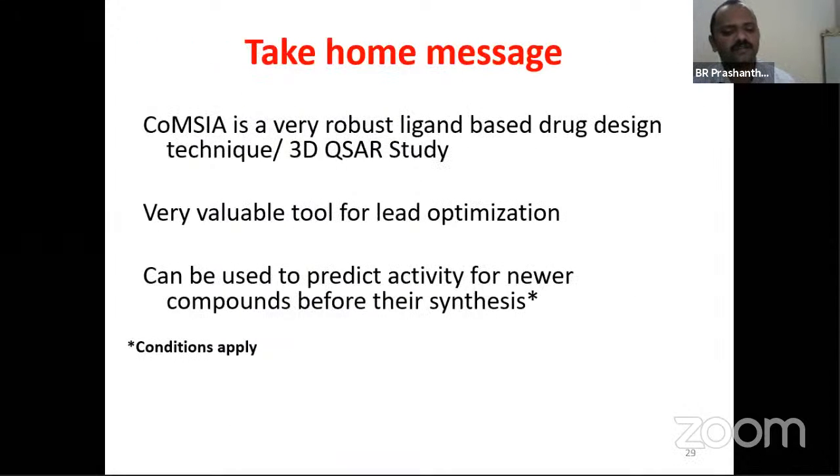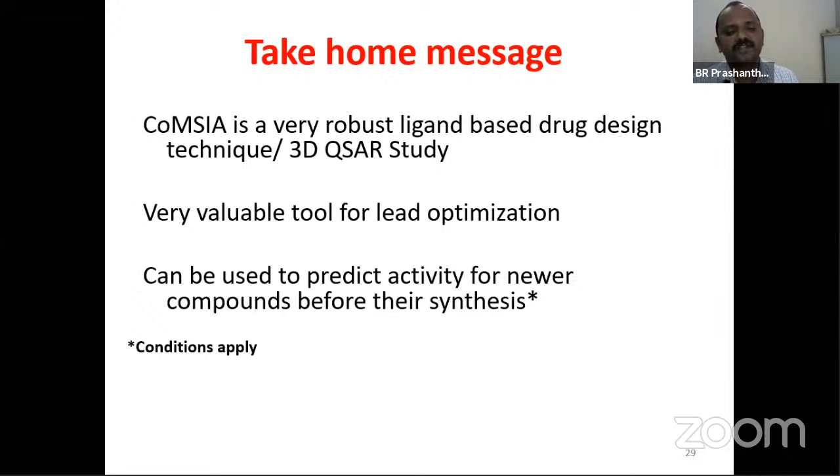You can predict any molecule in the contour maps before its synthesis. But the question is that conditions apply, just like the advertisements with the star marks. The condition is that the ligand should contain the same scaffold as the ligands already in the training set of the model development.